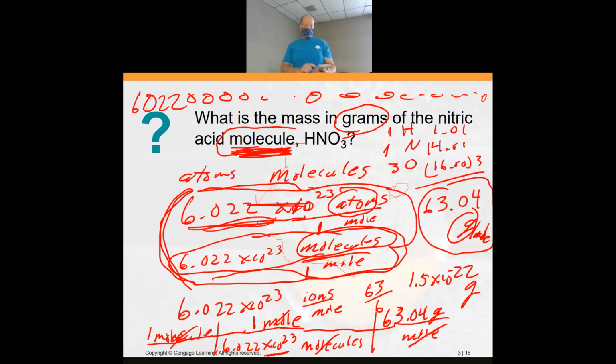See how close I got to the right answer. All right, so it is 1 times 1, then divided by 6.022. And I never write times 10 in my calculator, E23. And then I multiply that by 63.04.